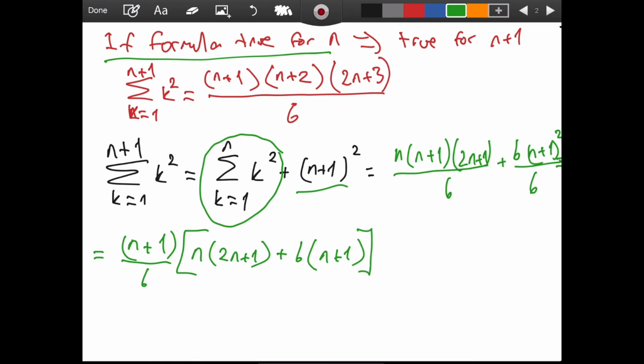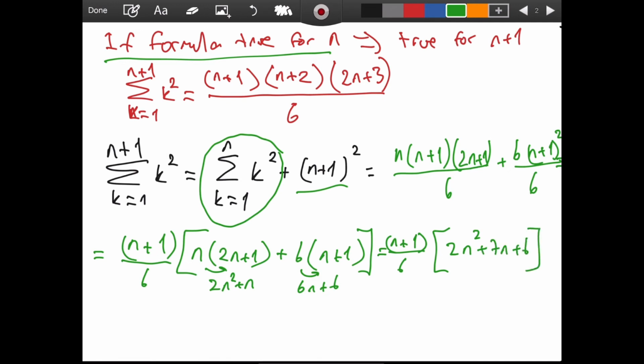And if we expand this, let's see. We still have n plus 1. Now inside we have 2n squared plus n and 6n plus 6. So we have 2n squared plus 7n plus 6.